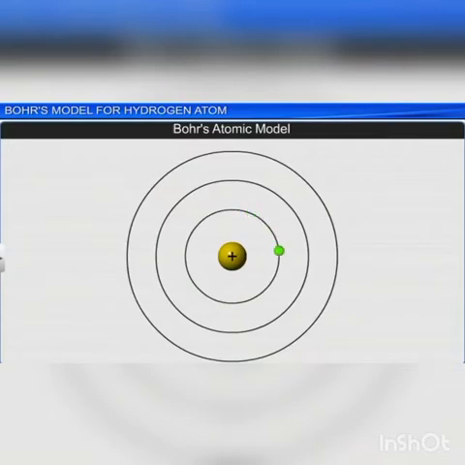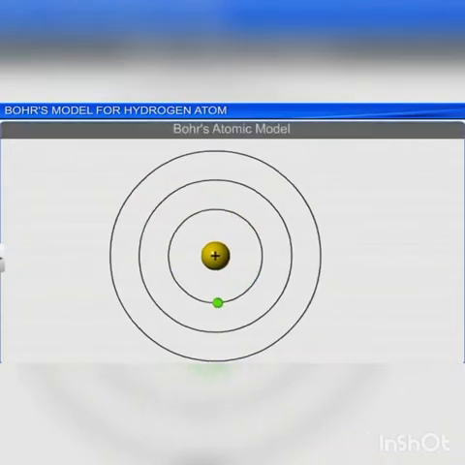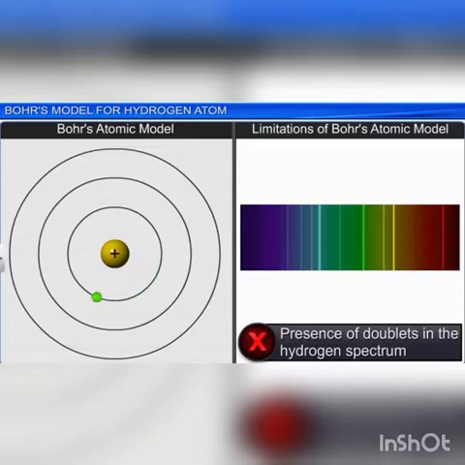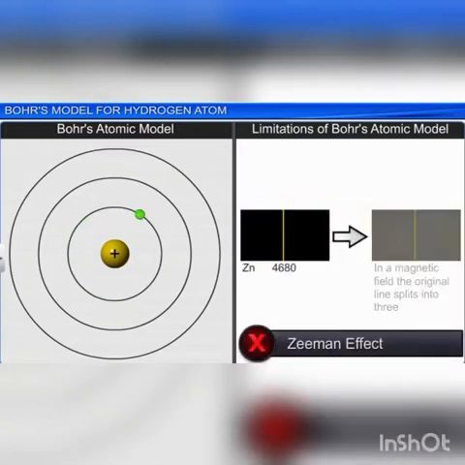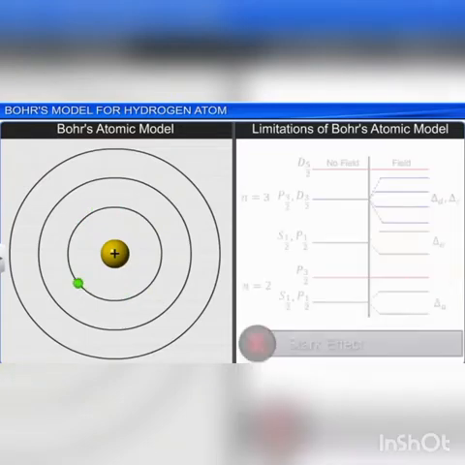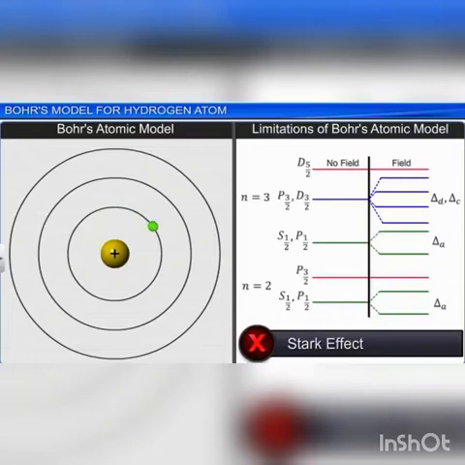However, it could not explain the line spectrum of multi-electron atoms. Presence of doublets in the hydrogen spectrum when observed through sophisticated spectroscopes. The splitting of spectral lines in the presence of magnetic field, a phenomenon called Zeeman effect. The splitting of spectral lines in the presence of electric field, a phenomenon called Stark effect.